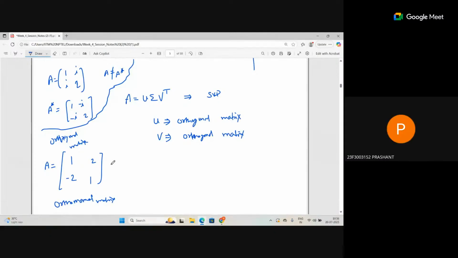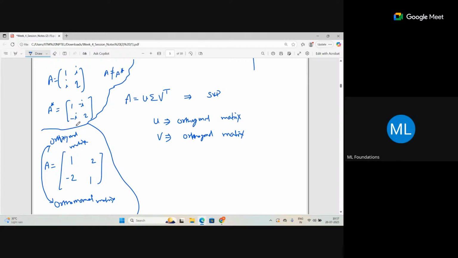Orthonormal vector and orthogonal vector should be different, but for a matrix, orthonormal itself implies orthogonality as well as the norm being one. So both things are included there itself. Actually, there are two terms here, right?